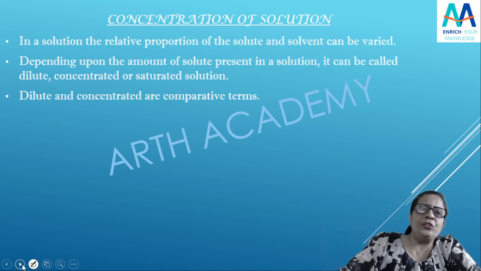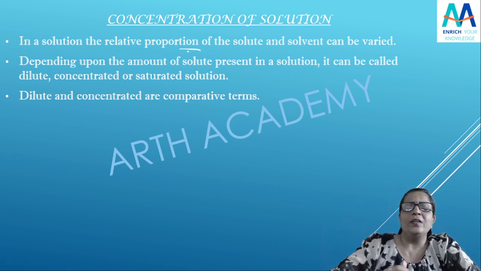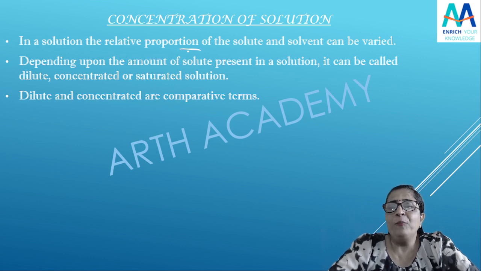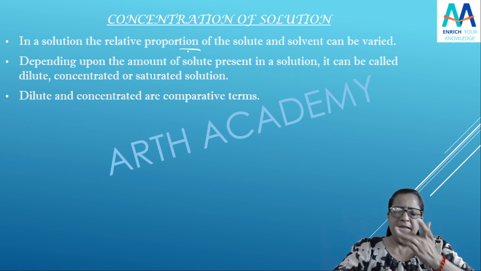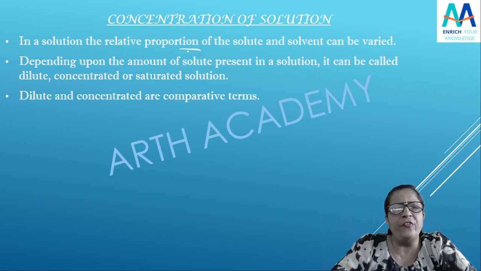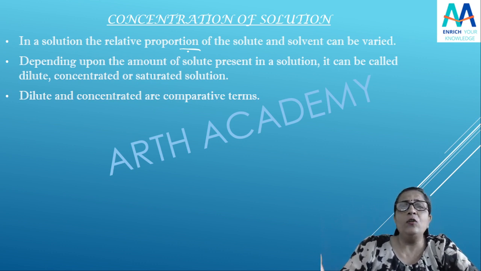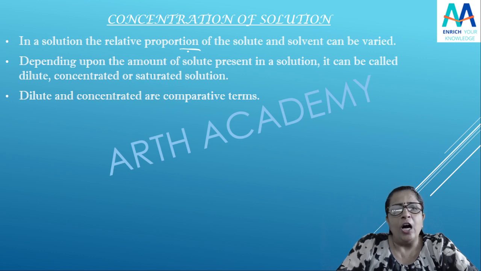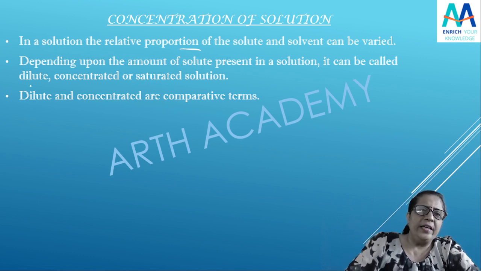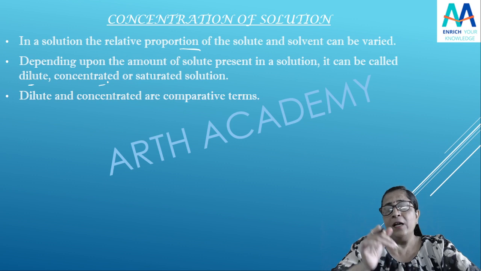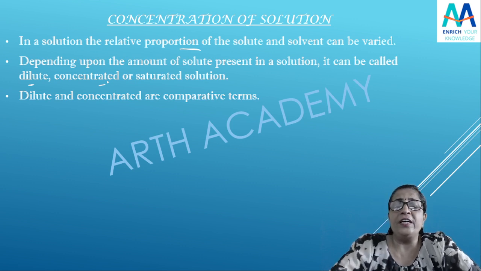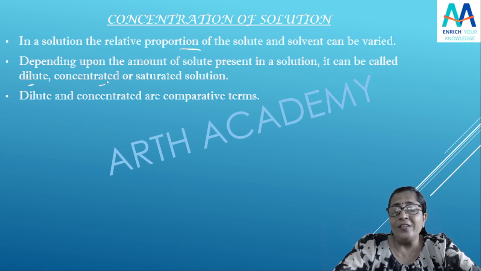So in a solution the relative proportion of solute and solvent can be varied. We know that whenever we make any solution, the proportion of solvent and solute can change. Yes, it is not fixed, it can be changed, it is varied. Depending upon the amount of solute present in a solution, we can call it dilute, or we call it a concentrated solution. You must have also heard what is a dilute solution and what is a concentrated solution. When we see a chemical reaction, we say dilute hydrochloric acid, concentrated hydrochloric acid.